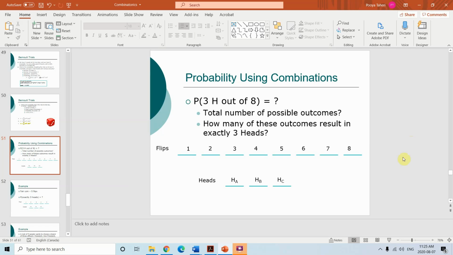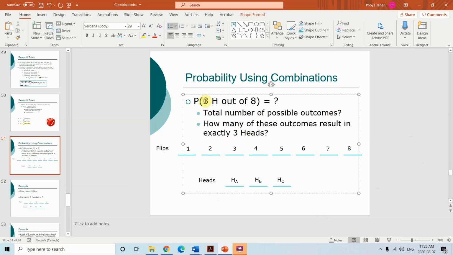So this is a very similar problem to what we did before. I don't want to solve this one for you because you can do it yourself now. It's basically like you're throwing a coin 8 times.